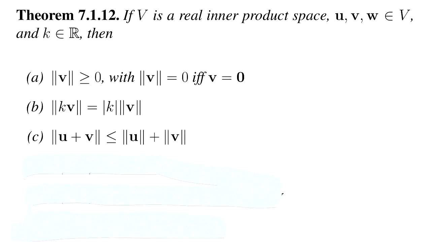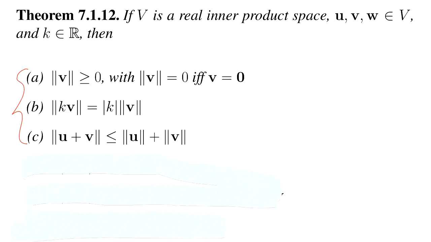Now, once you've been given these definitions, you can consider suitable properties of these things. So the length always satisfies the following three properties. The first one is another version of positive definiteness. So the length is also positive definite, right?